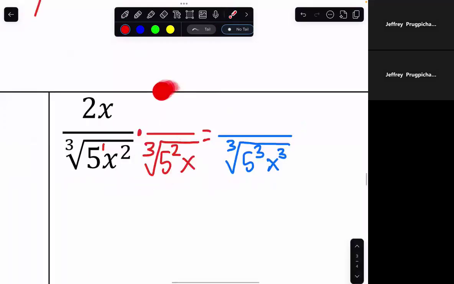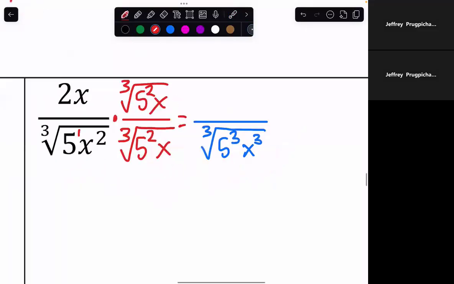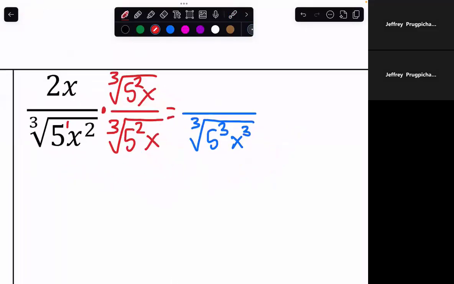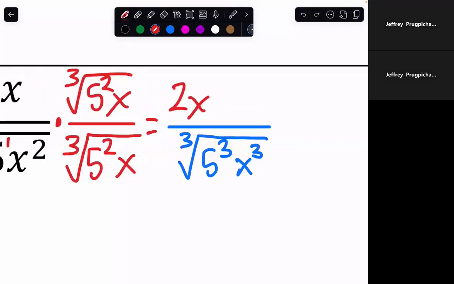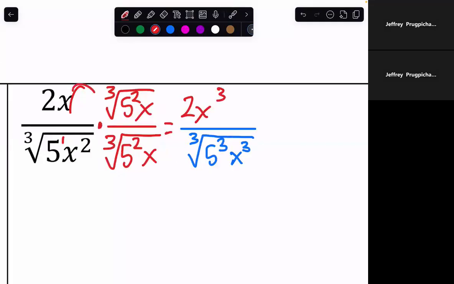Now that we know what to multiply the denominator by, you multiply the numerator by the same amount. Up top, the 2x has no coefficient besides an invisible 1, so it just stays at 2x. And the radical has nothing over here to affect it, so it just stays the same.